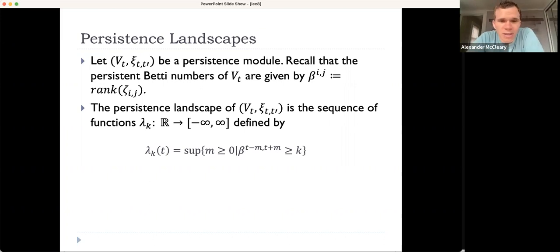Okay, so the persistence landscape of this persistence module is going to be a sequence of functions, defined on the real line and mapping into the interval from minus infinity to infinity. That's just the extended real line, the real line but including infinity and minus infinity. They're defined with this formula here. Lambda_k of t is the supremum; if you don't know what the supremum is, just think of the max.